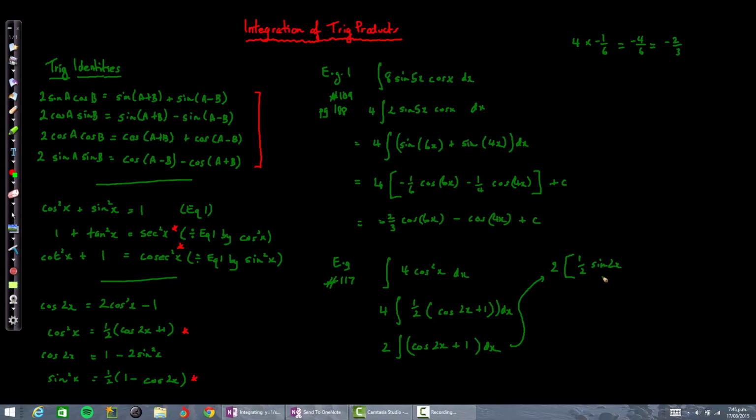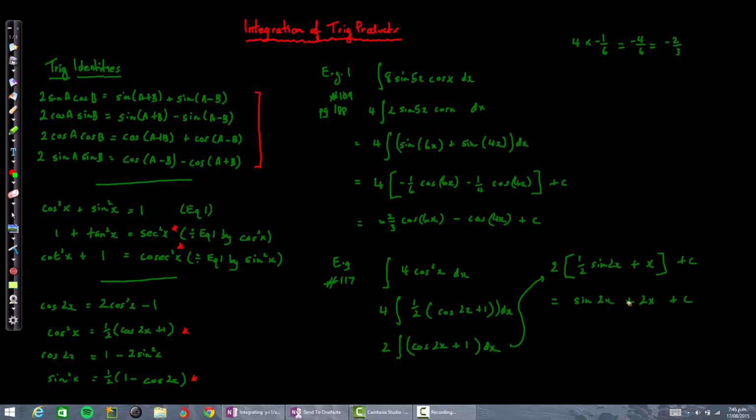Integral of 1 won't be 0, that's differentiation, it's integration, so it becomes x plus c. And 2 times a half is 1, so sine 2x. 2 times x is 2, so plus 2x, and our constant. Okay, and once again, check the back of the book, that is the correct answer.